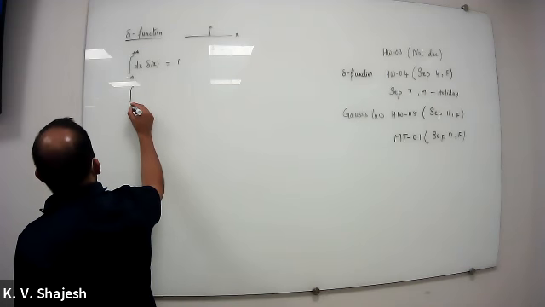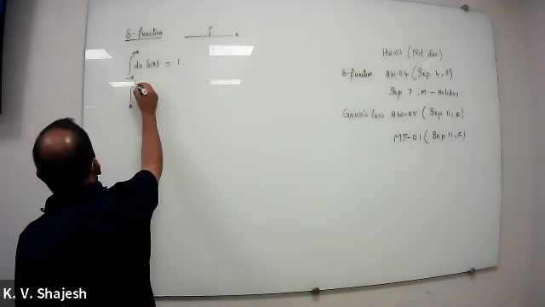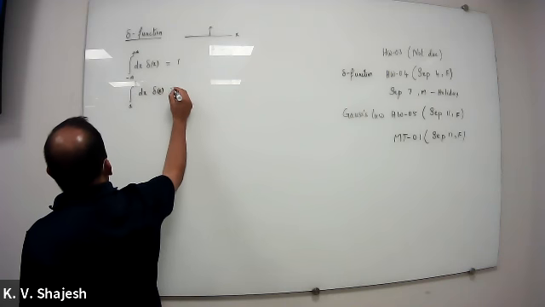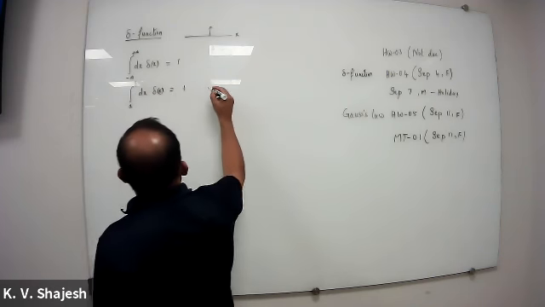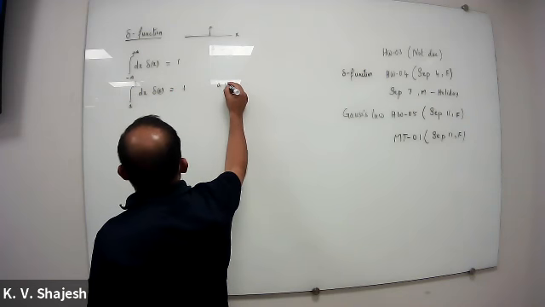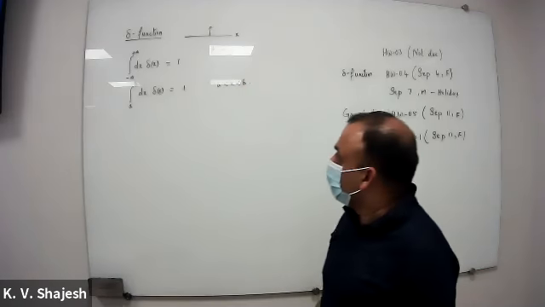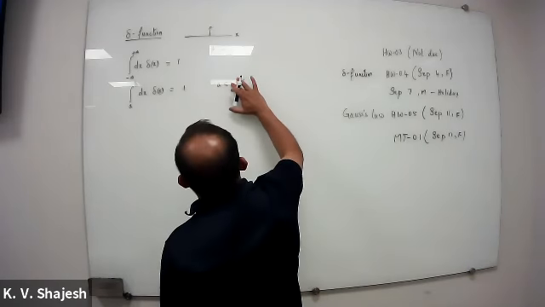But it is also true that you have, let's say, the integral from a to b dx of delta of x is equal to 1 if a is less than x and b is greater than x, not x0.